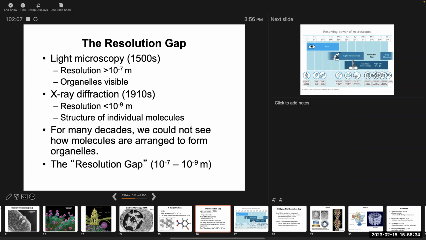But for much of the 20th century, we couldn't see things in that gap from 10 to the minus 7 to 10 to the minus 9, which meant, in particular, we had a hard time seeing how the individual molecules were packaged together to create things like organelles and then to create whole cells.